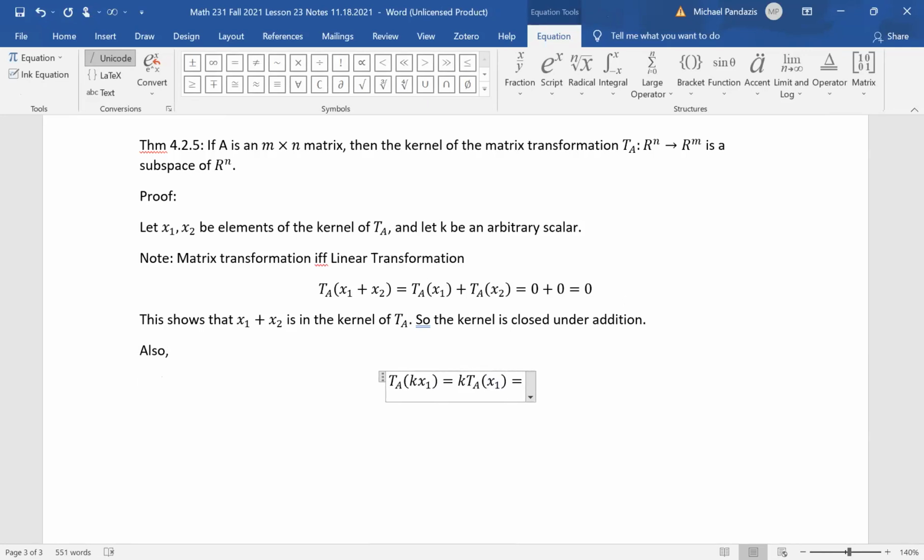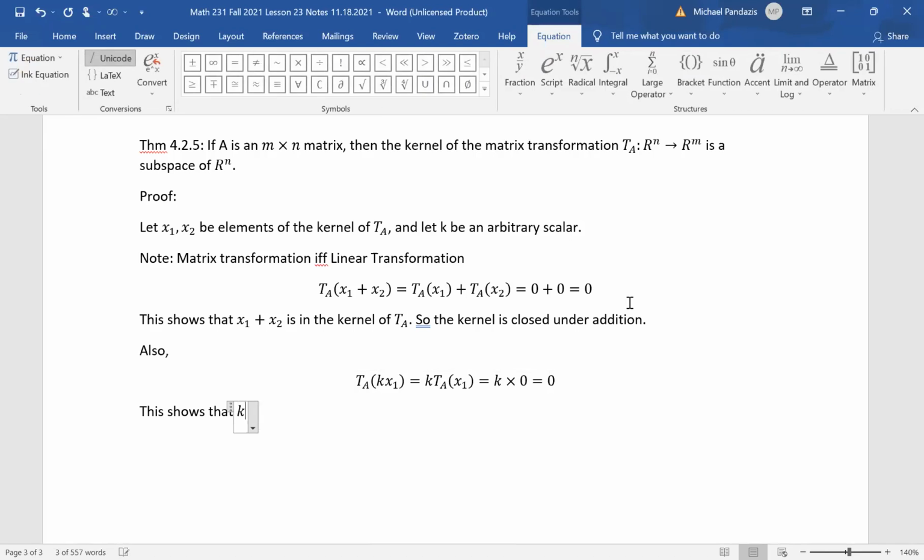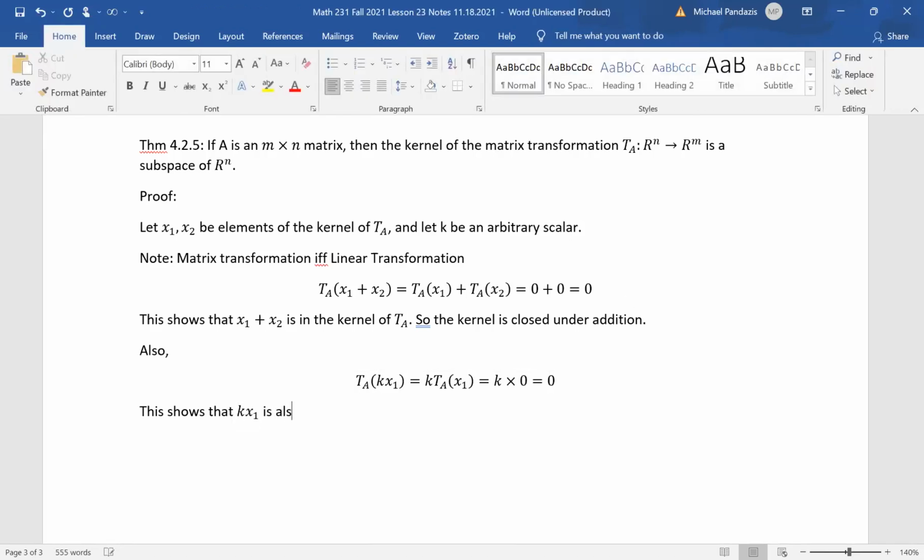And so T_A of kx1 is equal to k times T_A of x1. And we know that T_A of x1, since x1 is in the kernel, is 0. So it becomes k times 0, which is 0. And so that means that kx1 is also in the kernel. So this shows that kx1 is also in the kernel of this matrix transformation T_A.